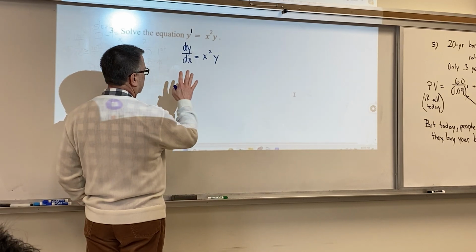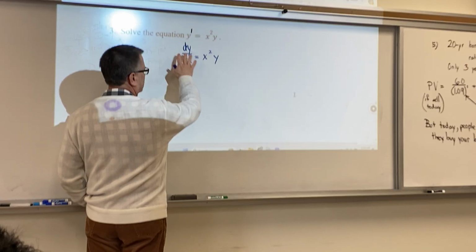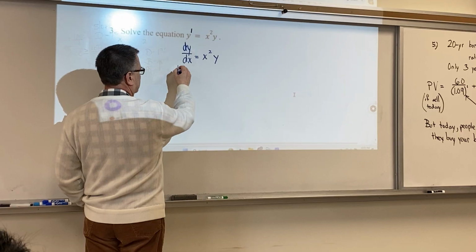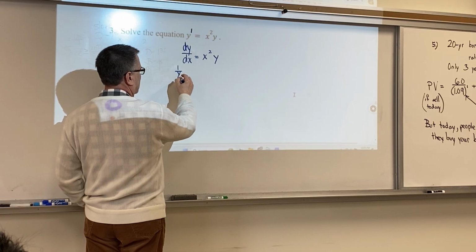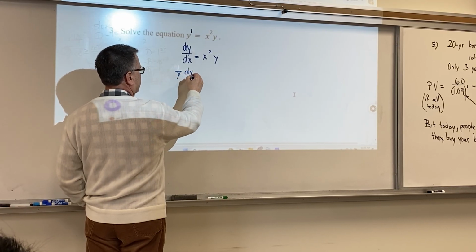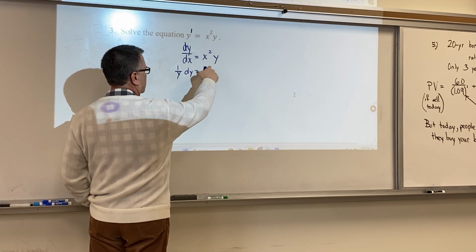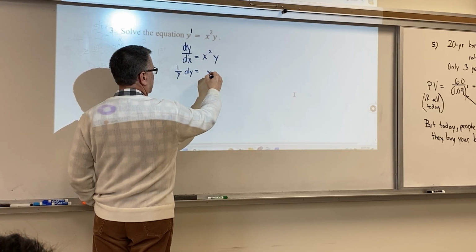If I want to get all the y's together, I'd have to move this over here, which I can divide by the y, 1 over y. And then multiply the dx over here with the x squared, that would be x squared dx.